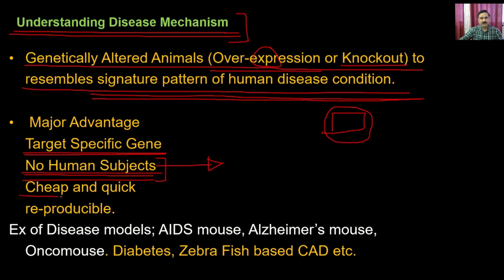It is cheap, because once you produce a particular type of transgenic animal, it is going to be cheap and quick, because you can have as many transgenic animals as possible.